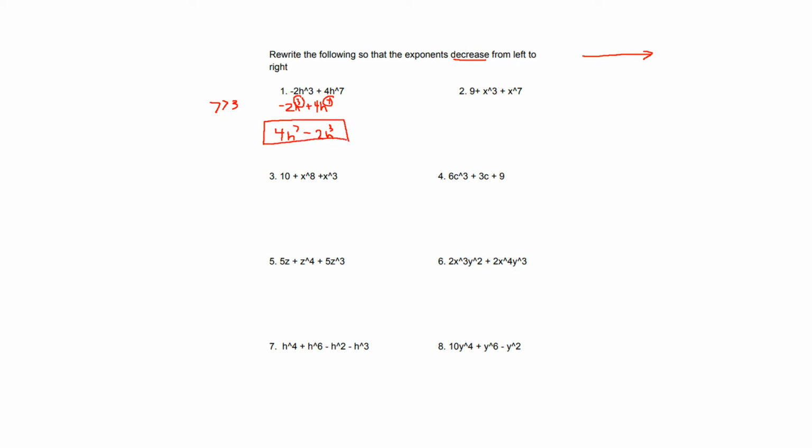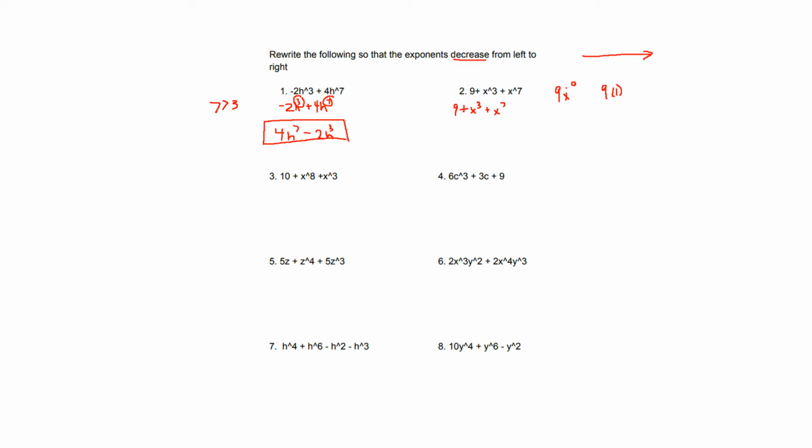Number 2, it's going to be 9 plus x cubed plus x to the power of 7. So here, we have a 9, and the 9 is a constant, but you could think of this as 9 times x to the power of 0, because x to the power of 0 is just 1, so it's technically just 9 times 1, which makes it 9.